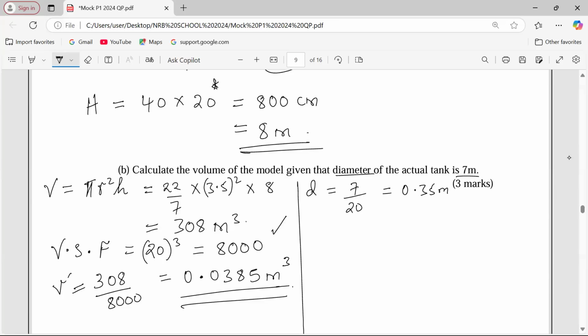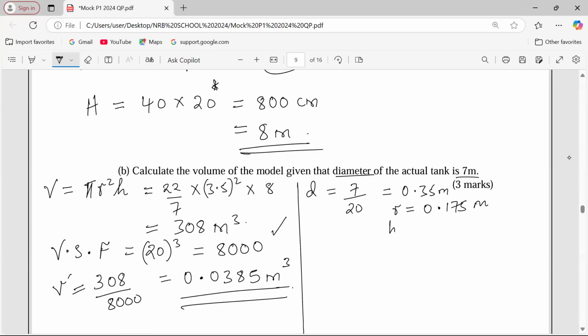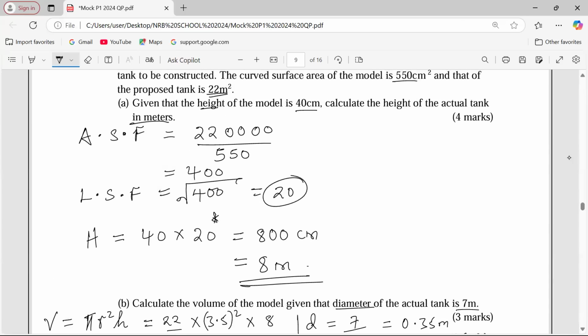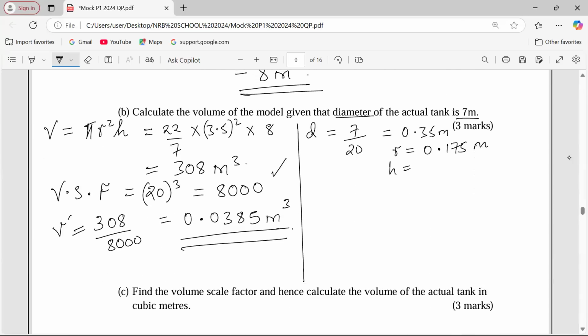Remember, this is the diameter, so we make it the radius by dividing by 2. What about the height of the smaller tank? The height of the smaller tank has already been provided as 40 centimeters, which is 0.4 meters.